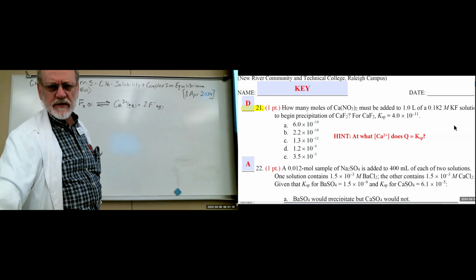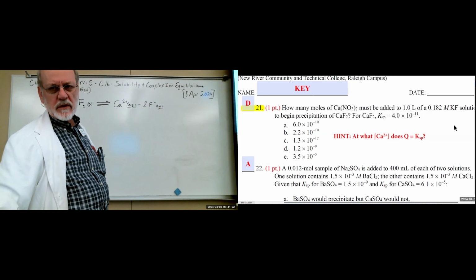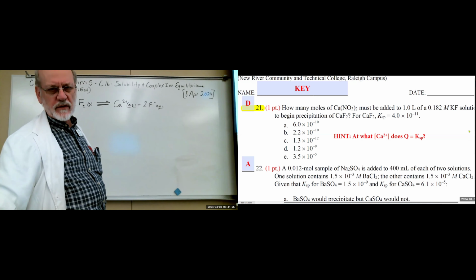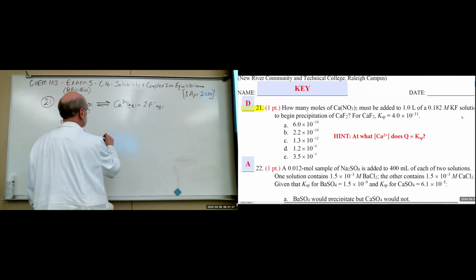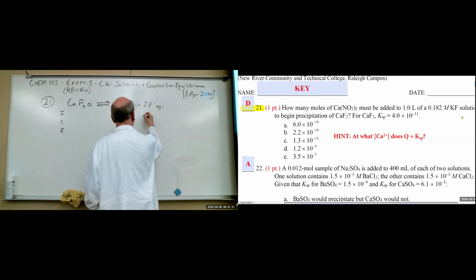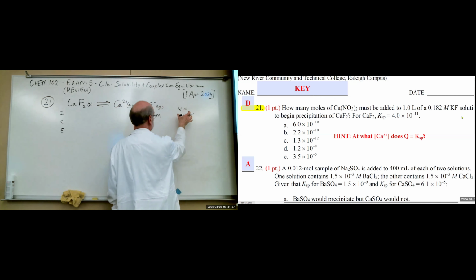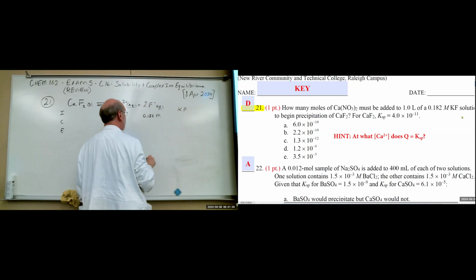No, we do have some in solution, don't we? We have 0.182 potassium fluoride in solution. Potassium fluoride means that it's 0.182 molar, right? Because the concentration of this equals the concentration of that.